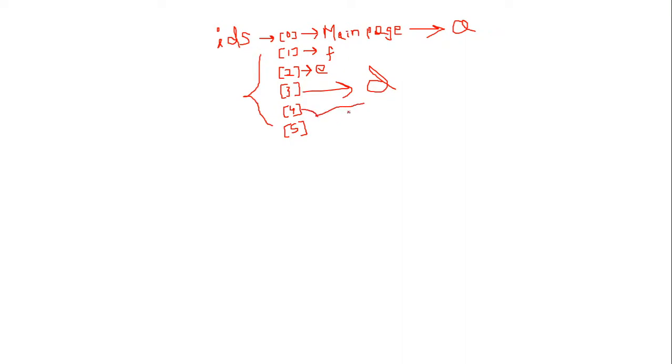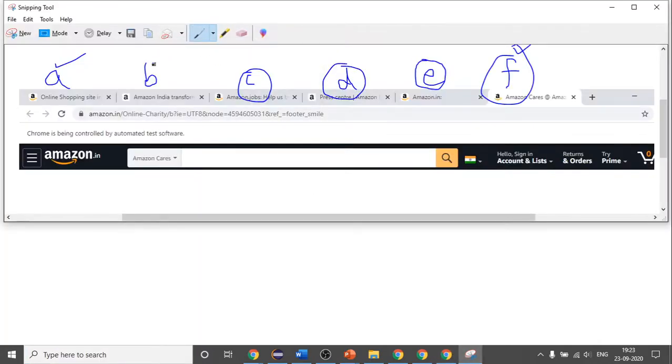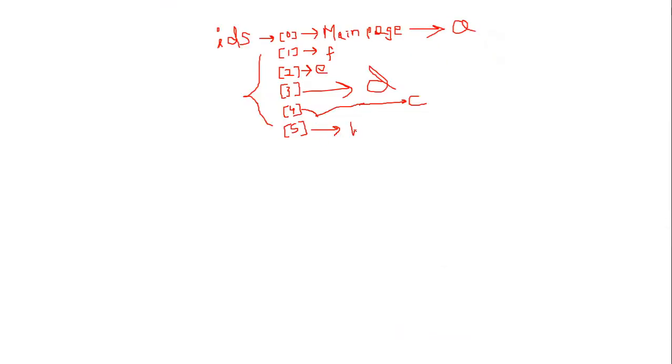It will store the IDs in that format only, however many tabs you have. If I come to the last one, after that this one, and then we are going to stop because this has already completed, right? After that it will store that ID at the last. Is it clear to everyone how it is storing the IDs?